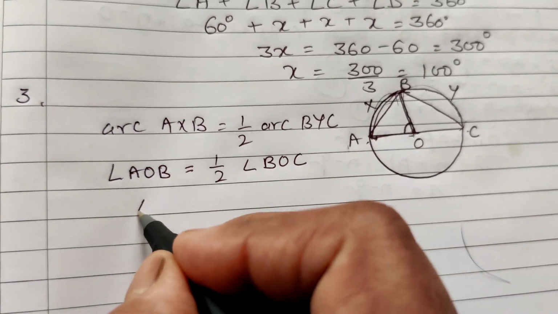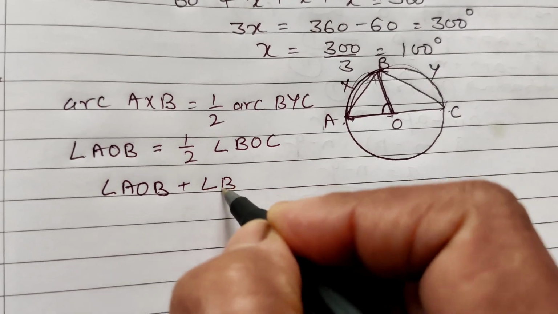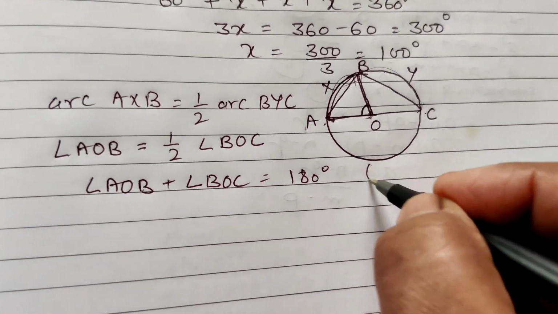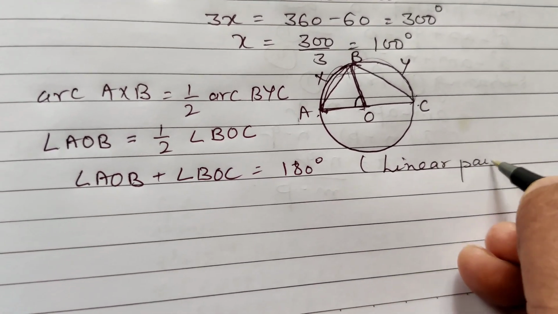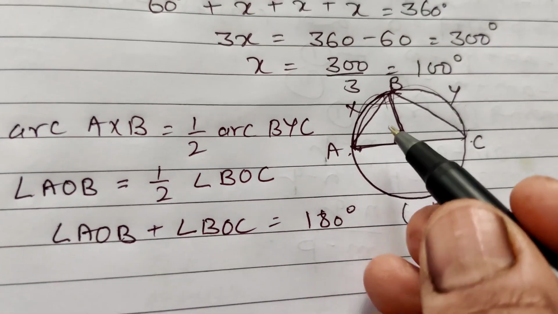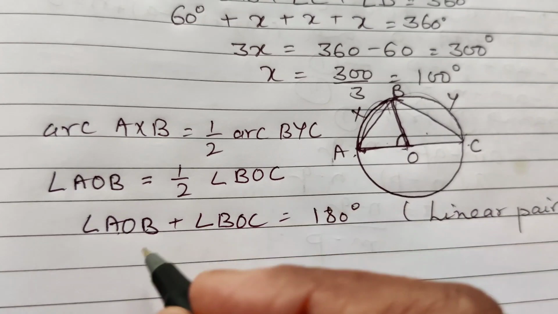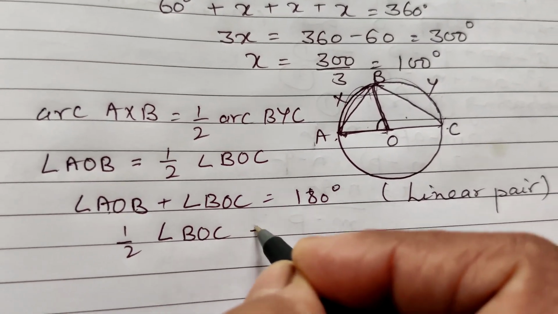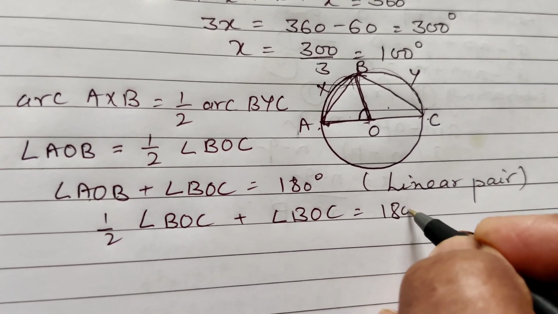We know that angle AOB plus angle BOC equal to 180 degree. They are forming a linear pair. So AOB equal to half of angle BOC, plus angle BOC equal to 180 degree.